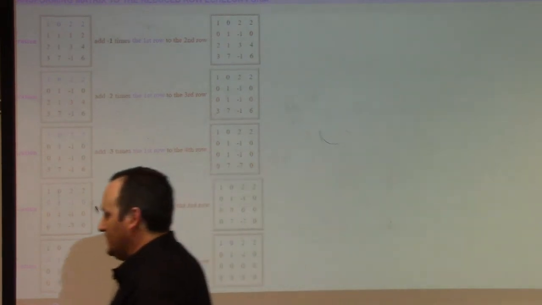Let me be more explicit. What does it say about the system of equations C1v1 plus C2v2 plus C3v3 plus C4v4 equal to 0? What can you tell me about that system of equations? Does it have only the 0 solution?